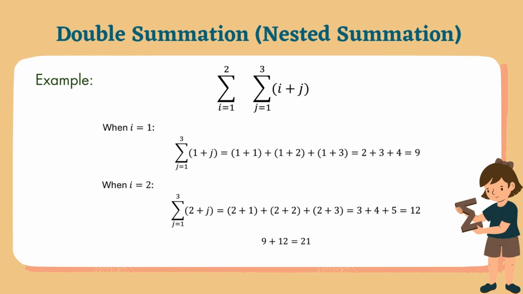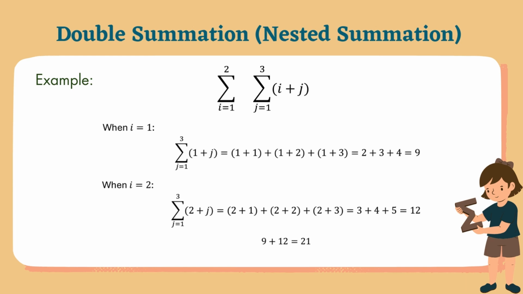So simply substitute the values of j, which are 1, 2, and 3. So that's the quantity 1 plus 1, plus the quantity 1 plus 2, plus the quantity 1 plus 3. So that is equal to 2 plus 3 plus 4, which is equal to 9. So our value is 9 when i is 1.